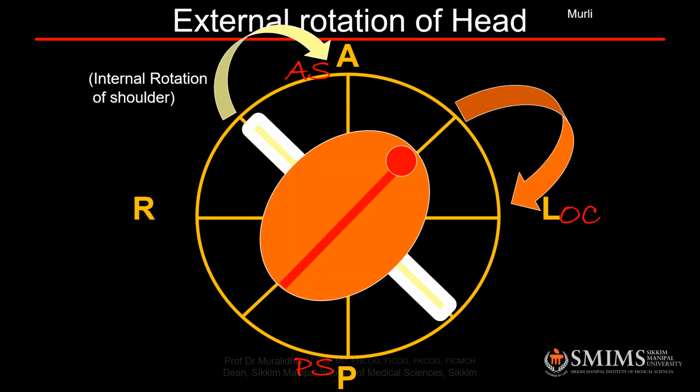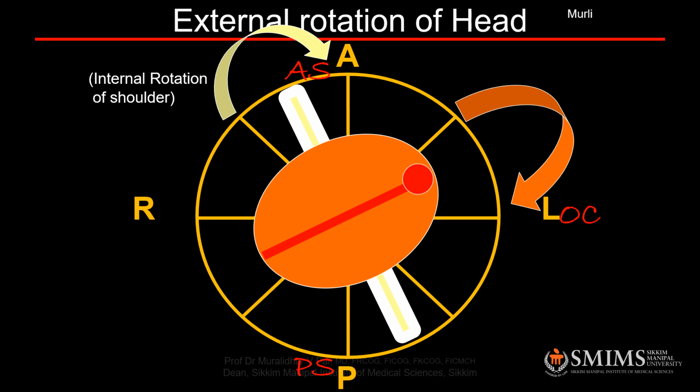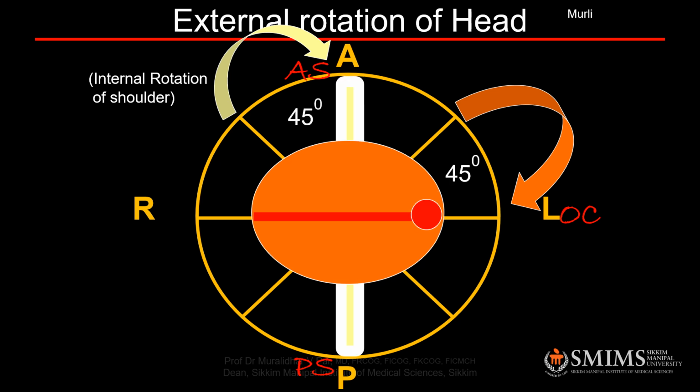So as the anterior shoulder rotates by 45 degrees towards internally, the occiput rotates away externally, and this is called external rotation of the head. Now please watch, as the shoulders rotate, head also rotates away.